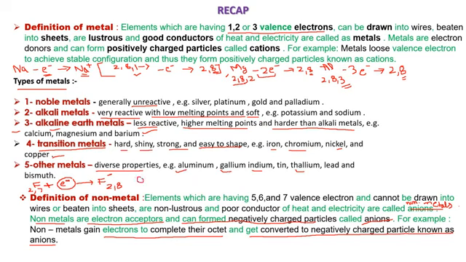Oxygen configuration is 2 and 6. So oxygen requires 2 electrons, so plus 2 electrons. It gives me O minus 2. You can write either minus 2 or 2 minus. And now the configuration is 2 and 8. Now the octet state is formed.